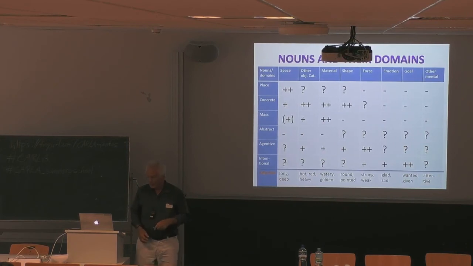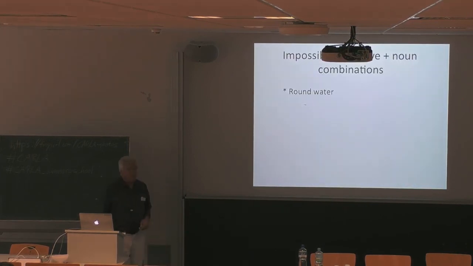To give you examples: round water doesn't work because water is a mass noun, and mass nouns don't have shape. You can't talk about round water. You can't talk about happy gold because happy is an intentional thing, and gold doesn't have any values on the emotional domains.